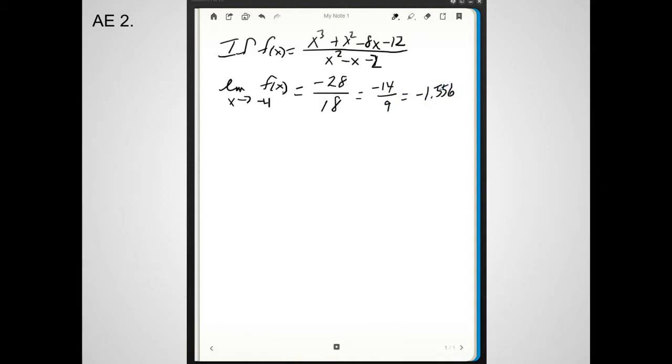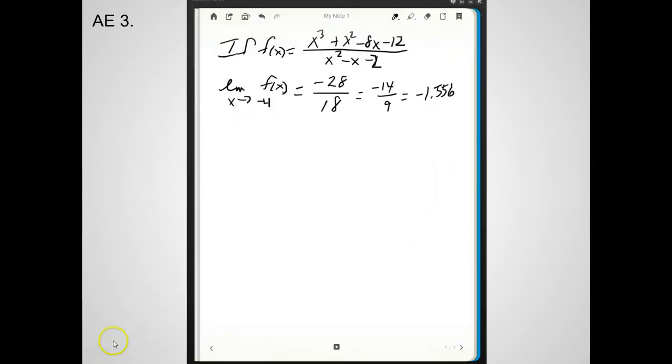You can imagine if you did this with your calculator, you would see this number. You could probably convert it to that form, but using the property of polynomial and rational functions, because f of c exists, the limit is f of c. So our limit in this case is negative 14/9.